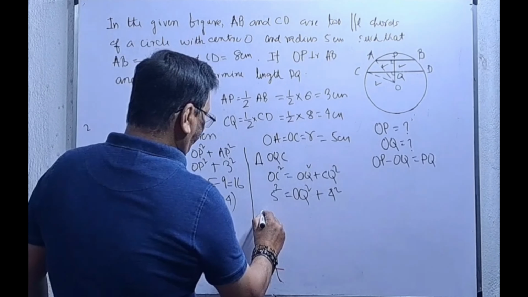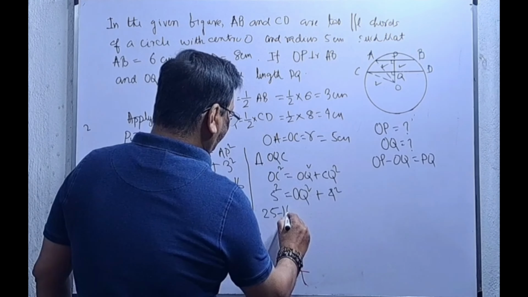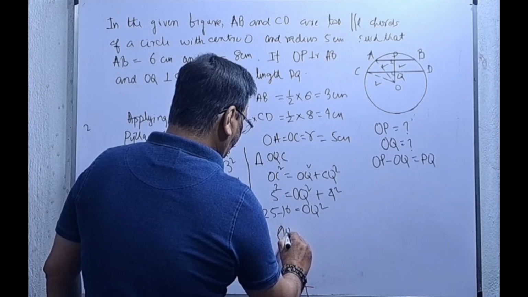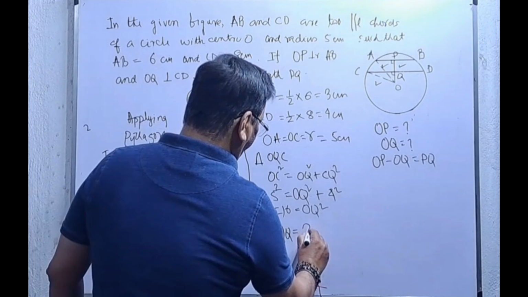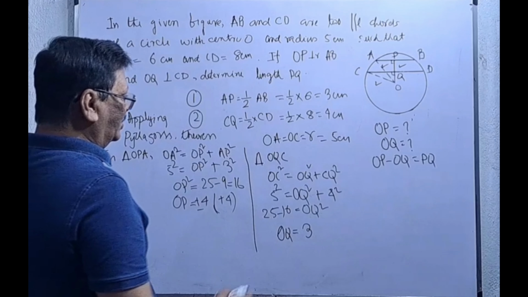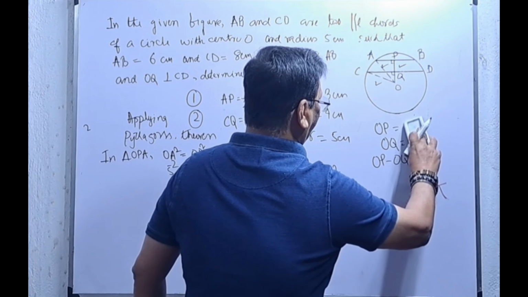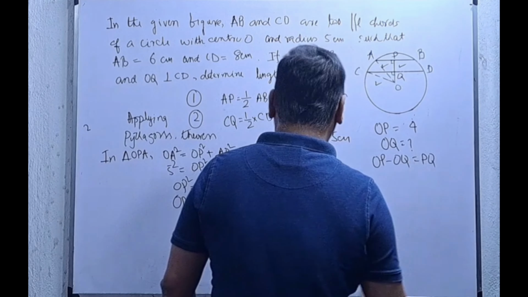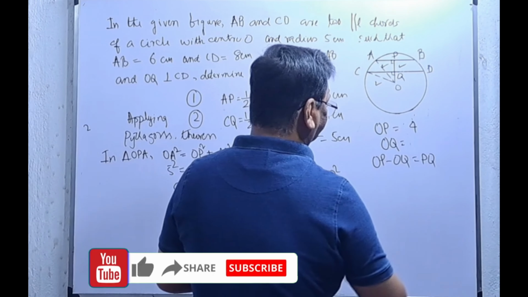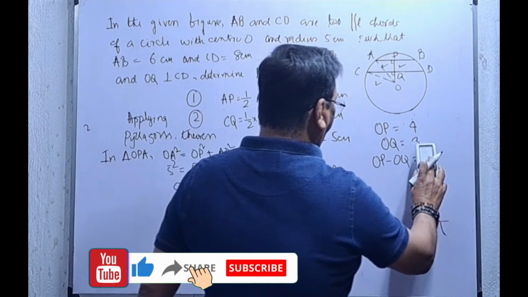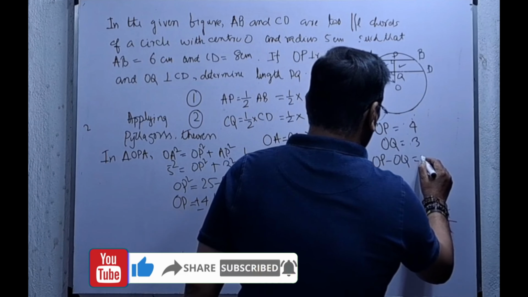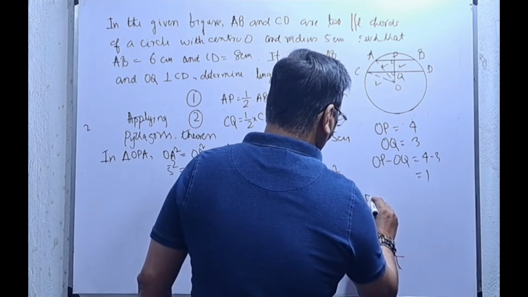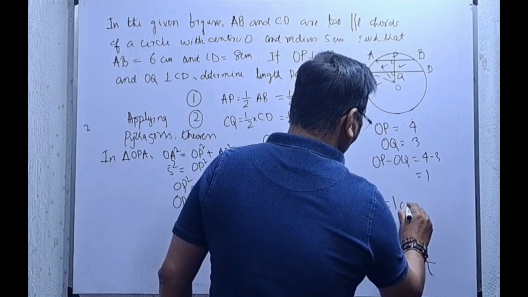So we get 25 minus 16 is equal to OQ square, and we conclude OQ is equal to 3. So now we have found OP is equal to 4 and OQ is equal to 3. So OP minus OQ is equal to 4 minus 3, which is 1. Therefore, PQ is equal to 1 centimeter.